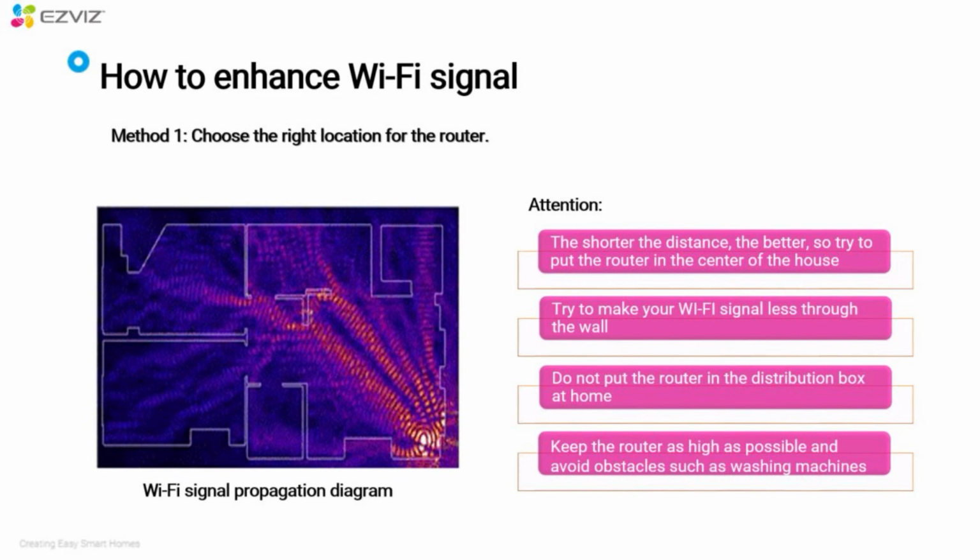Best if there's no wall between your router and your network devices. And do not put the router in the distribution box at home. It will cause signal interference. And keep the router as high as possible and avoid obstacles such as washing machines or microwaves, etc.